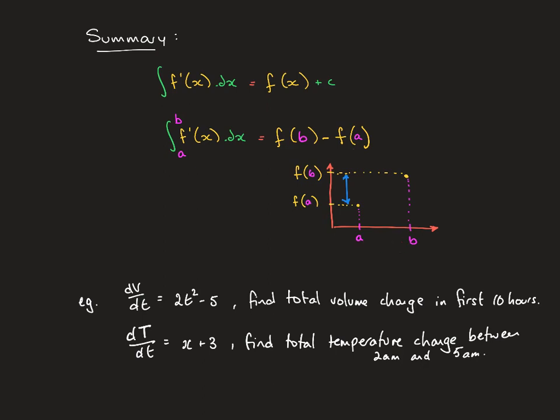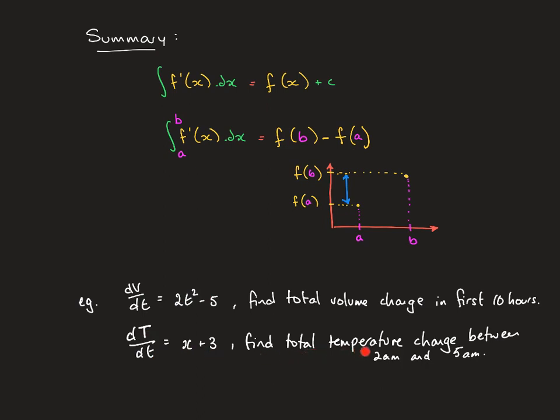So the sorts of questions that you'll get is, given dV/dt, a function for dV/dt, find the total volume change in the first 10 hours. So you would integrate this formula between 0 and 10. This one here, dT/dt is x plus 3.